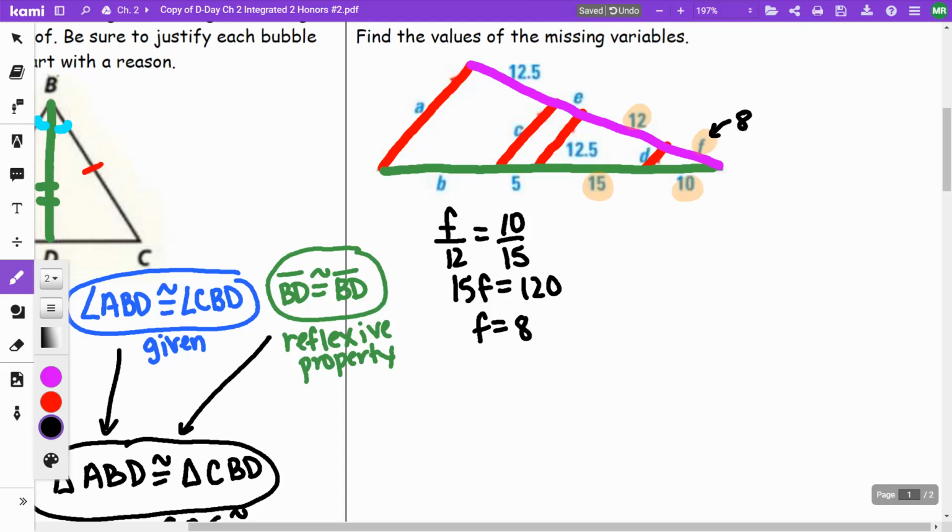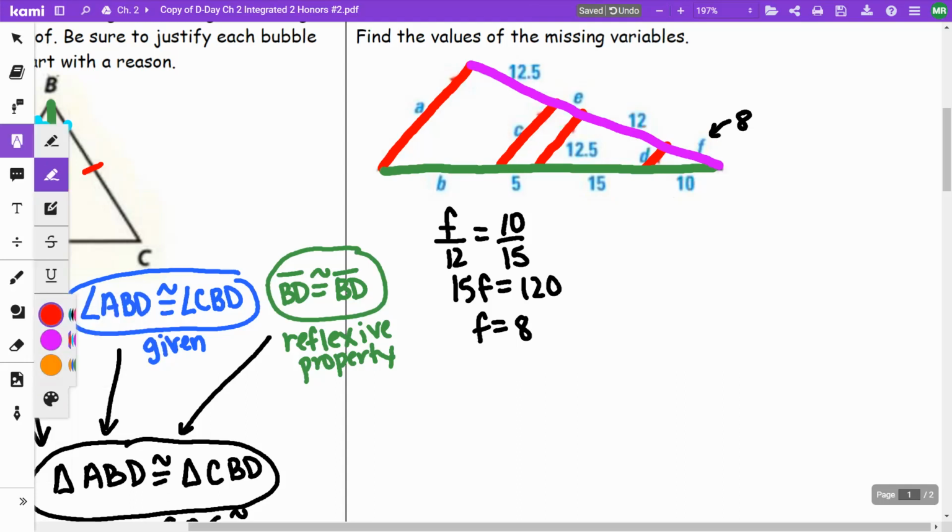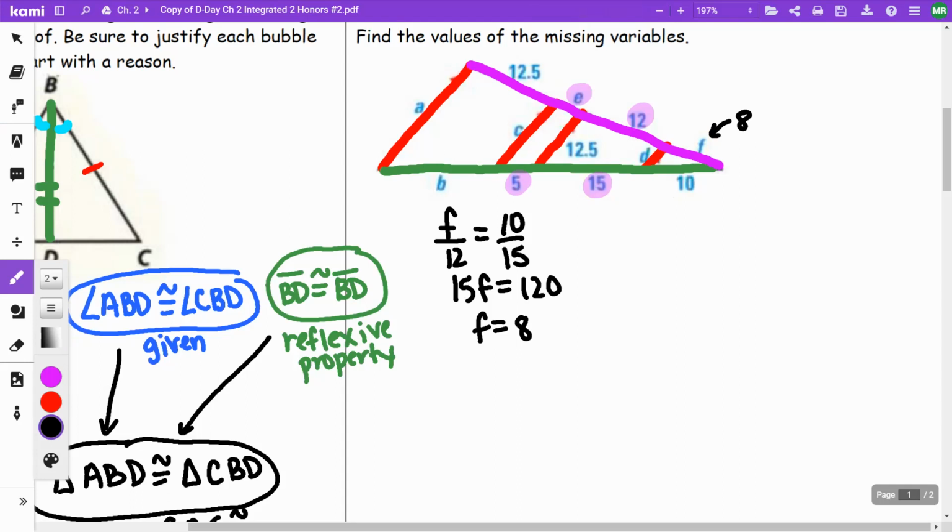Then let's say I try to find E. Okay, so now for E, I am going to use the 12 and the 15 compared to the E and the 5. So I'm going to set up a proportion.